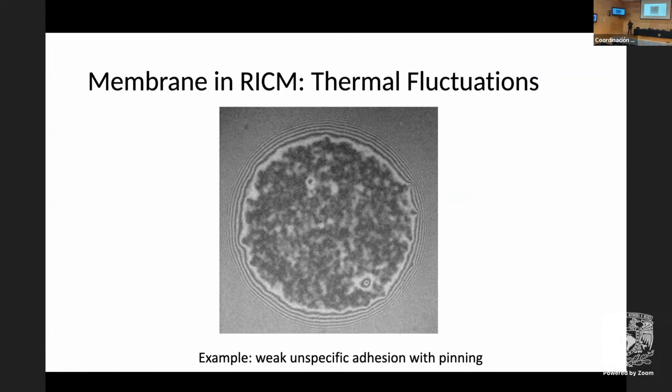In a room when you're cleaning, rays come in, you see particles going in and out. This is the same phenomenon. This membrane is so soft that the water particles, moving because of temperature, hit the membrane and make it move.